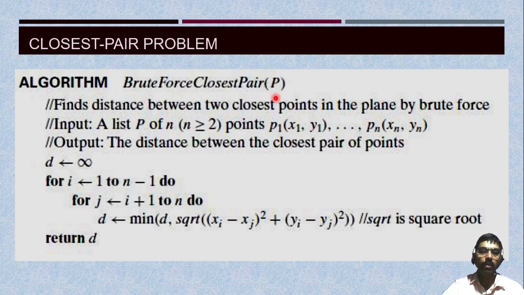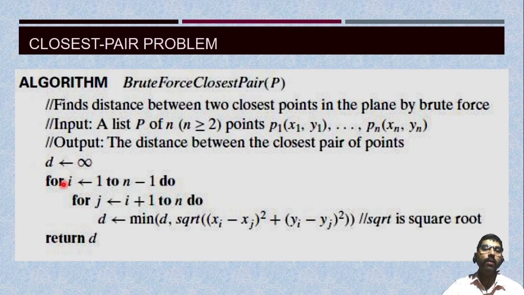We cannot send 1 point to this P. It should be minimum 2 points. And this algorithm returns the smallest distance between 2 points. Initially, we assume that the distance between 2 points is infinity, that means a very large number.